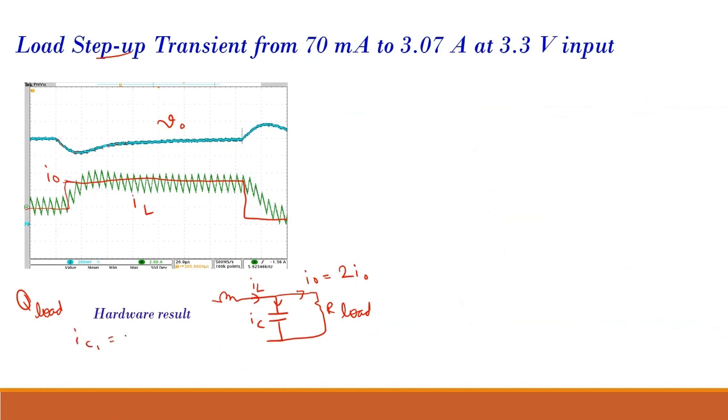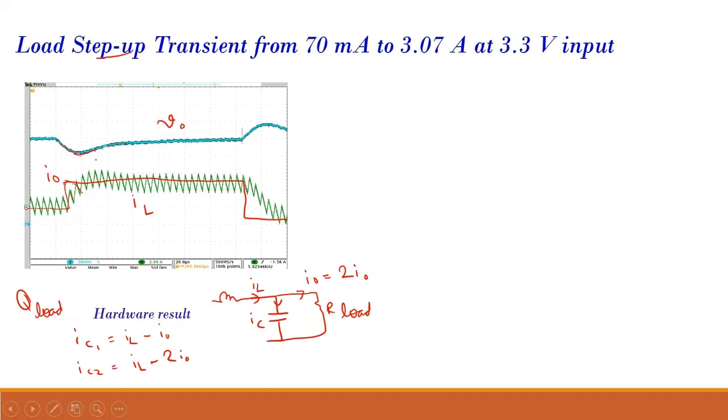Suppose IC1 is equal to IL minus I output, then suddenly IC2 becomes equal to IL minus 2 times I output. What will happen is your capacitor current will reduce, and because your capacitor current reduces, the output voltage will start dipping. Then as your inductor current is increasing, your inductor current has increased.